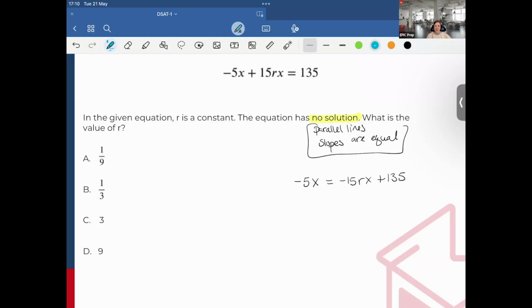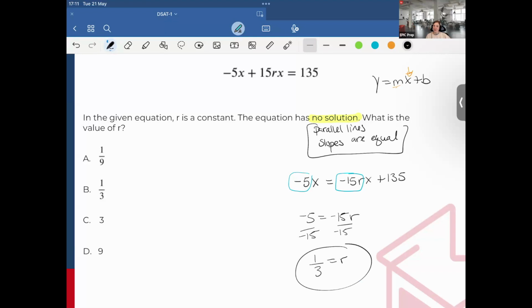And then I can see their slopes must be equal to each other, right? So that would mean that negative 5 is equal to negative 15r, because I'm referring to y equals mx plus b, the linear equation. So the coefficient in front of x will be the slope. And then I just have to set negative 5 equal to negative 15r, divided by negative 15. And then 1/3 would be equal to r.